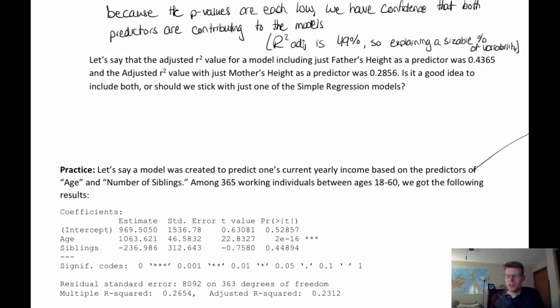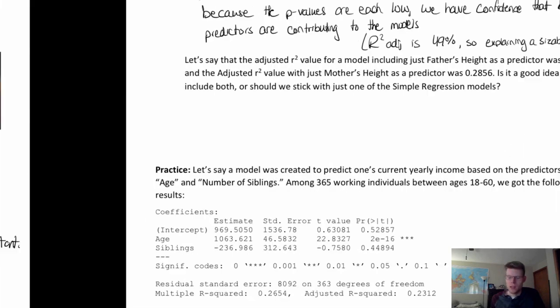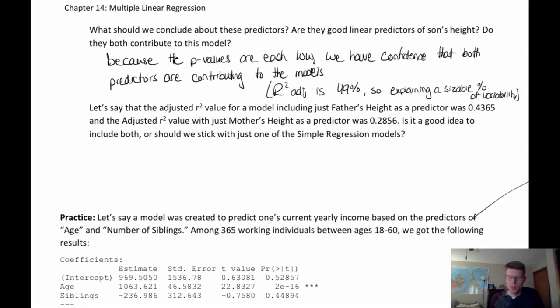So the difference here, if we compare it to the highest solo predictor, is going to be 0.4971 minus 0.4365, and that's going to be about 0.0606, about 6%. So that's pretty good.